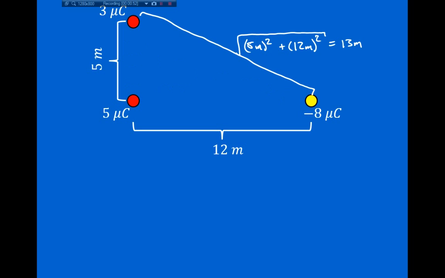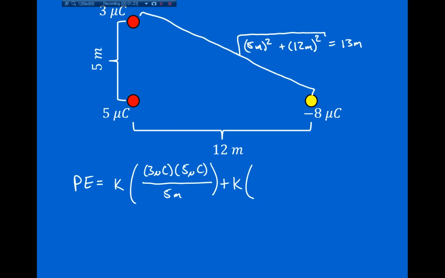So now all we need to do is plug into the formula for the potential energy between 2 charged particles and add that up for each of these 3 pairs. So the total potential energy is going to equal K times 3 microcoulombs times 5 microcoulombs for these 2 charged particles, divided by the distance between them, which is 5 meters, plus K times, for these 2 particles at the bottom, 5 microcoulombs times negative 8 microcoulombs, divided by the distance between those charged particles, which is 12 meters.